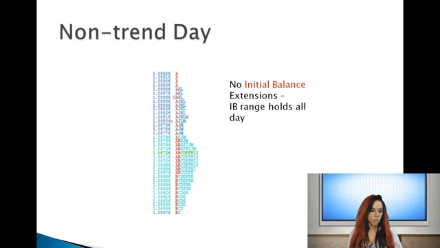So markets, as you know, are organic and they are in a constant state of flux. But if you know that for about 4 hours in the trading day, there's still no extensions of the range and there's no releases, then you can probably make an educated guess that you're looking at a non-trend day.